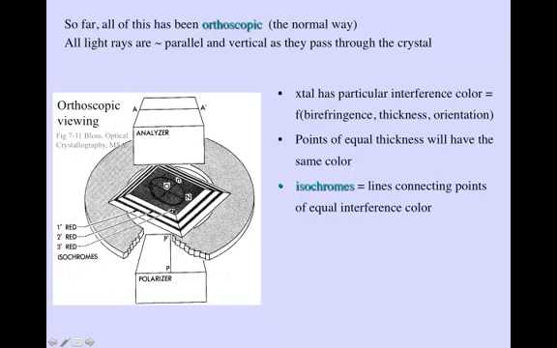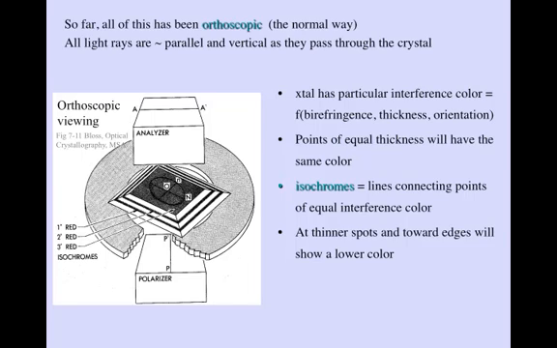And if we're looking at a crystal that has, let's say, thinner edges around it, you will see isochrons, or lines of equal color, surrounding that crystal. And where you have thinner edges, you're going to see that there's a lower order of color on the Michel-Levy chart.